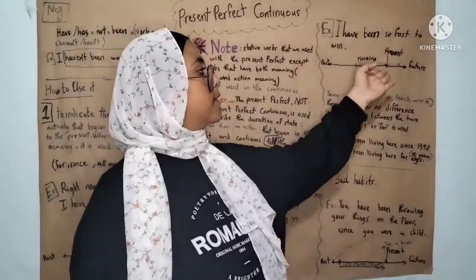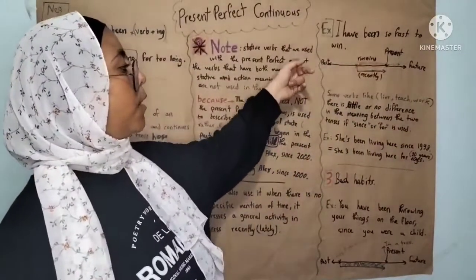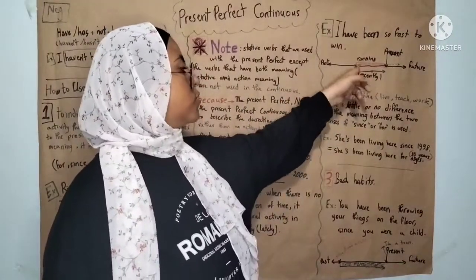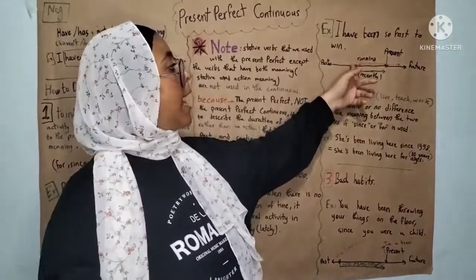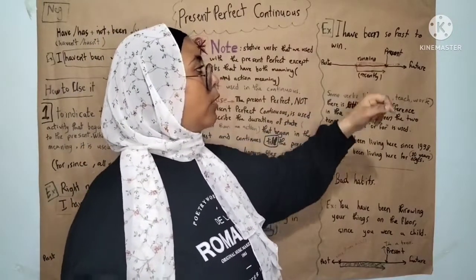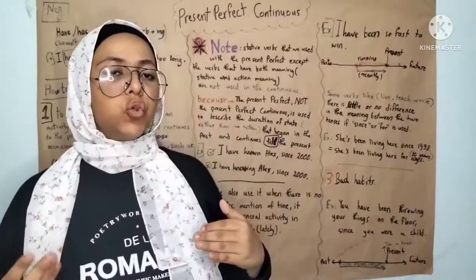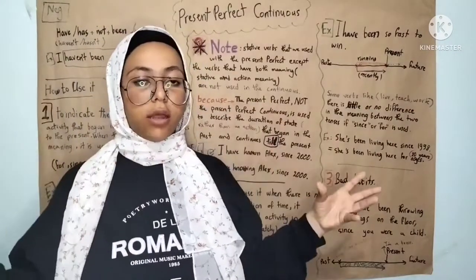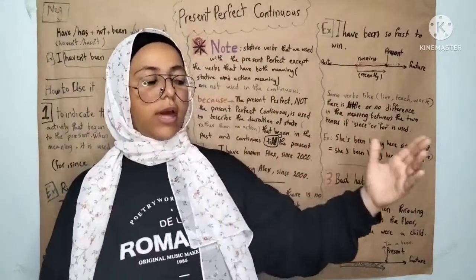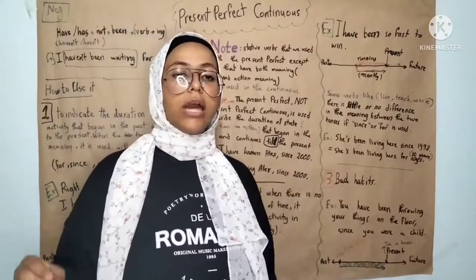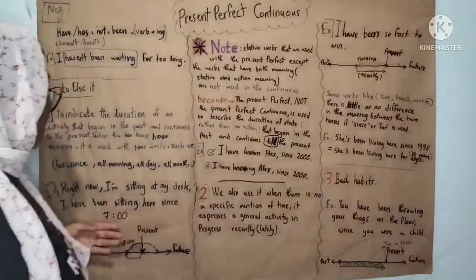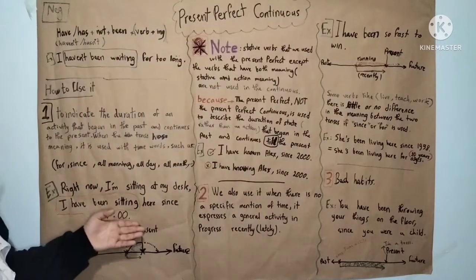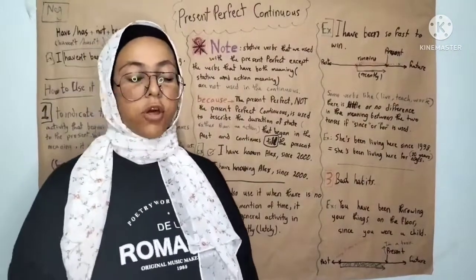So this is the time, this is the past, this is the future, this is the present. So the action of running started in the past, and it is still continuing until now. But I didn't mention the time I started running, or the amount of time I have been running, like I've been running for 2 hours, or since 7 o'clock. I didn't give you any mention of time.